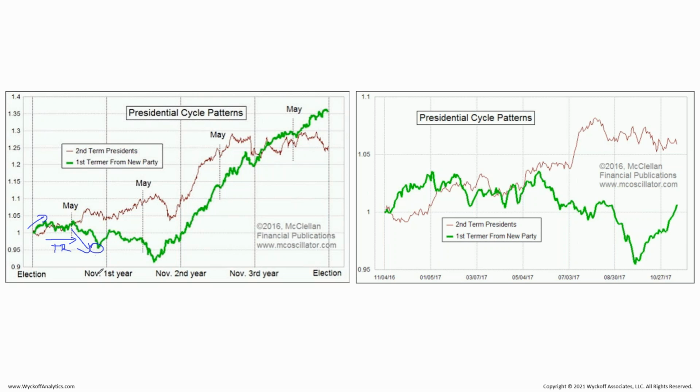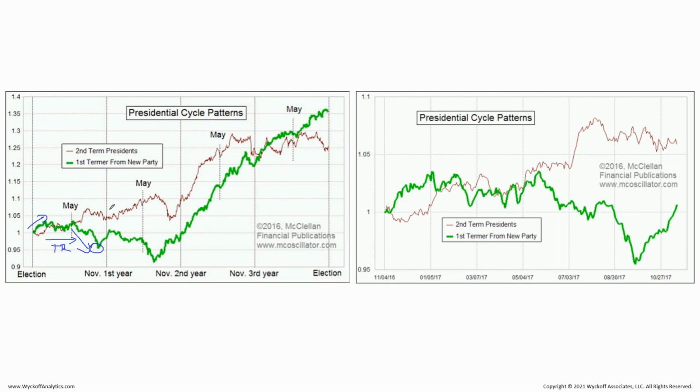The dark red line, maroon line, represents when a second-term president, and there's much more of an upward tilt or bias to the stock market's performance during a second-term president. So that's not the case here.